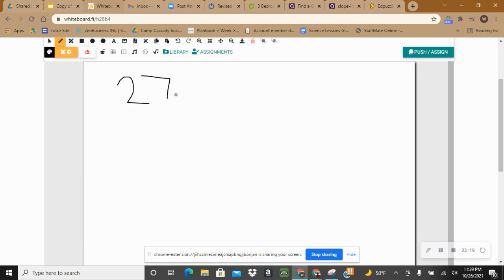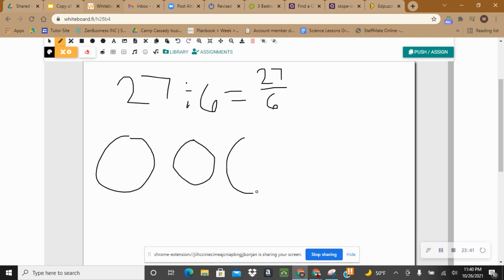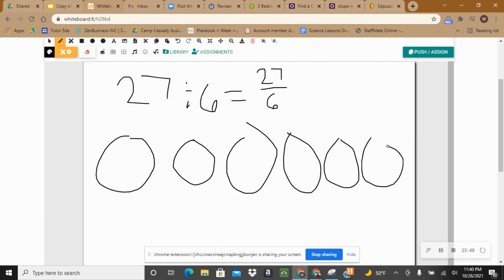27 boxes divided by 6 classes. So remember, what's the fraction? First number is the numerator. Numerator is at the top, 27 and 6. So since this is an improper fraction, I can draw my 6 circles, and I'm going to count until I get close to 27 without going over it.